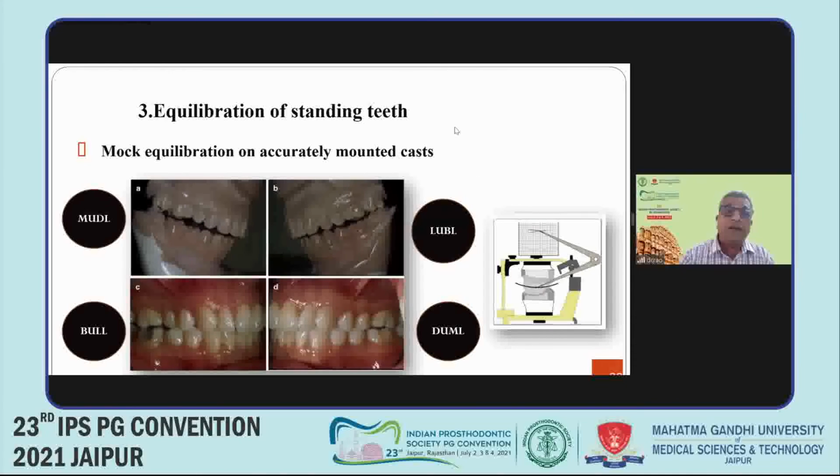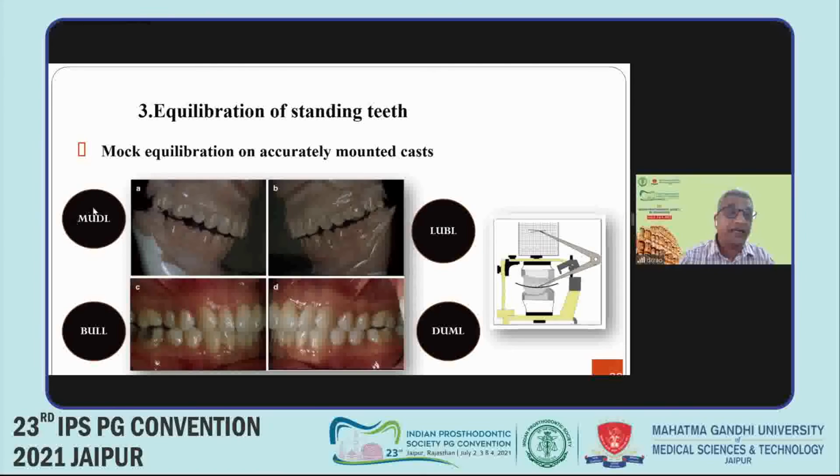As I told you, if you have a problem, you can have a mounted diagnostic cast, then move the jaw to the various positions, and do the equilibration on the accurately mounted cast. You can mark the interferences, and you all know MUDL, LUBL, where the first letter M stands for mesial, U for upper, D for distal, and L for lingual.